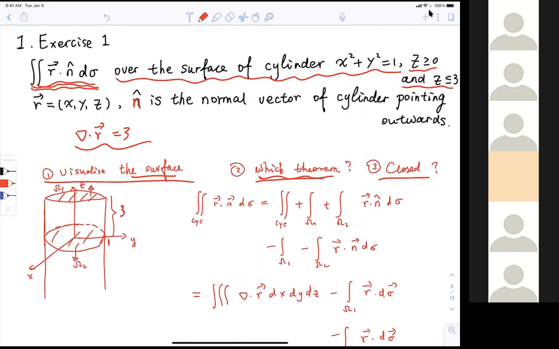Another thing is whenever you apply this kind of theorem, you need to check the condition, check the assumption. To apply the divergence theorem, the condition is the surface must be closed. In this case, the surface is not closed because it doesn't include the top disk and the bottom disk.